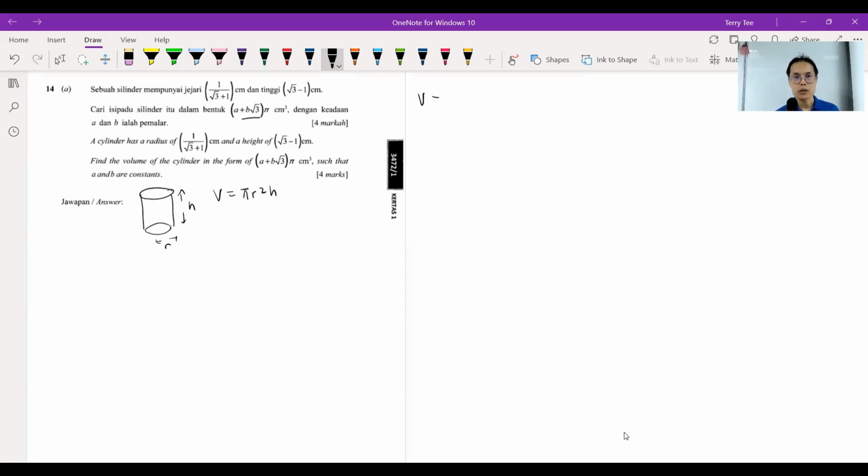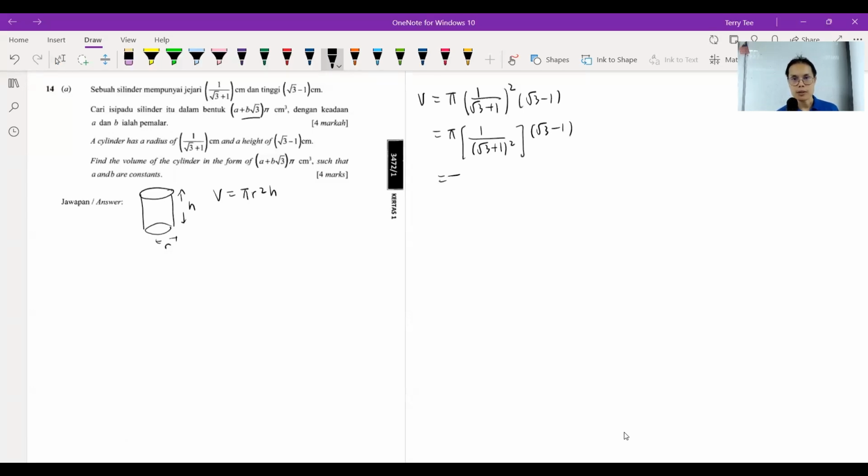So your volume is pi, your jejari is 1 over sec 3 plus 1, square it, your tinggi is sec 3 minus 1. Okay, so let's square this first. Now for me, I would square, let me write one more step, sec 3 plus 1 square, like this. And then the top part, you multiply with sec 3 minus 1.